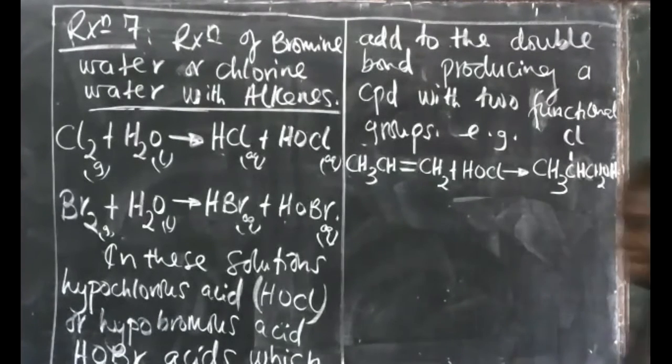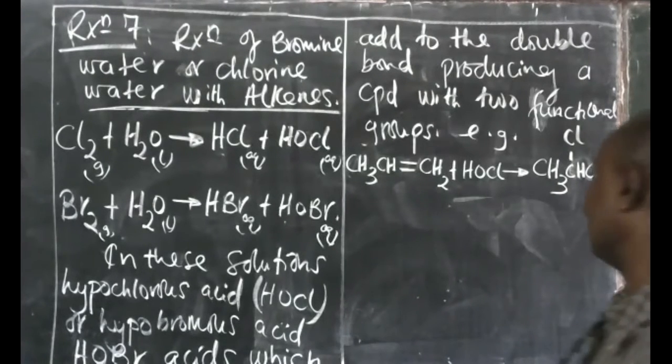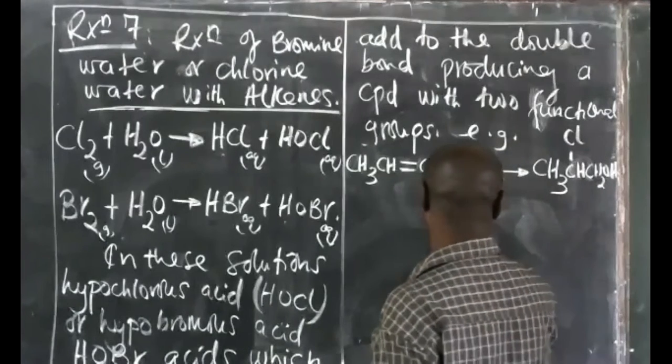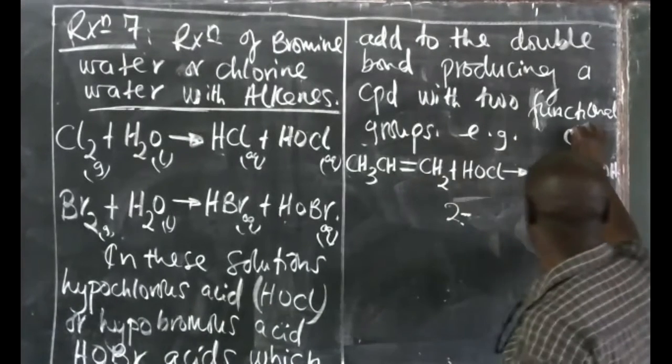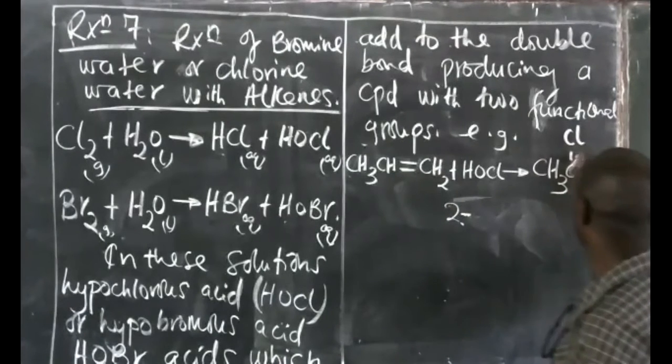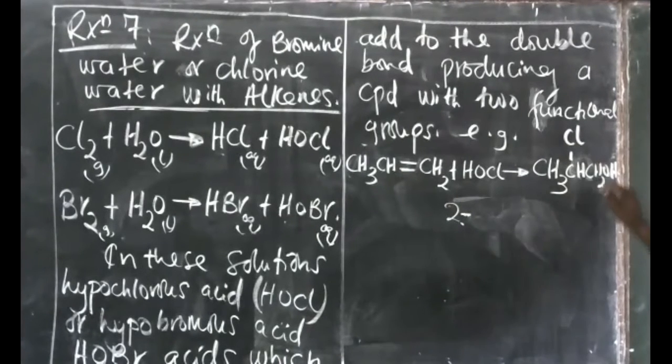So who can give us the name of that compound? We can name it as 2 dash, because the chlorine atom is on carbon number 2. OH is on carbon number 1.